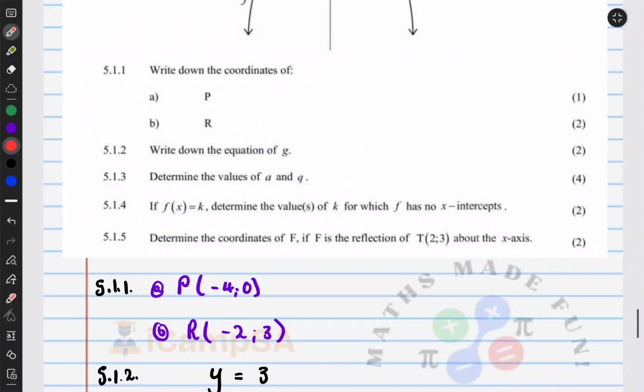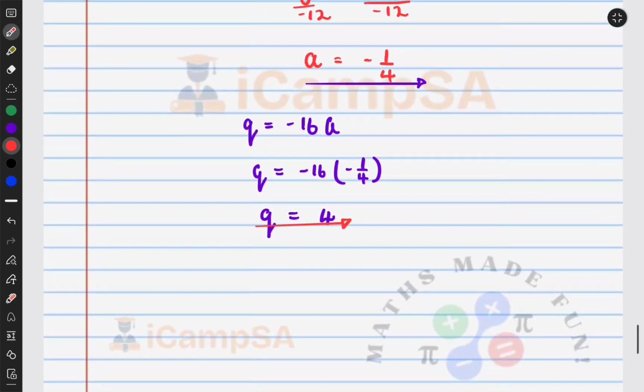So we are asked to determine the values of k. K essentially has to be less than 0. So this is the values of k less than 0. That would be 5.1.4.